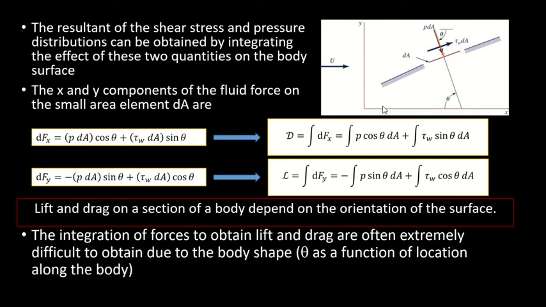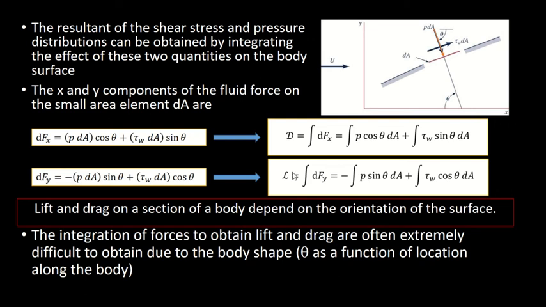For the summation in the y direction, we get negative P dA sin theta plus tau w dA cos theta. In order to obtain the drag and lift, we need to integrate these equations.